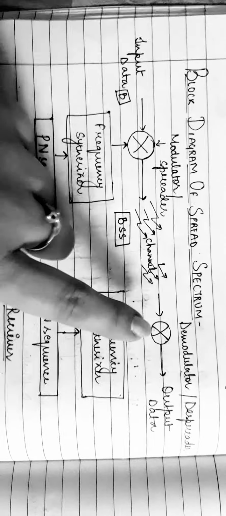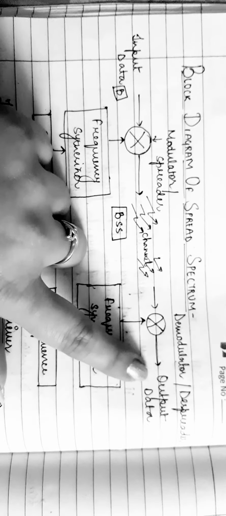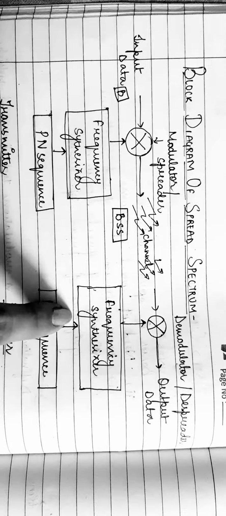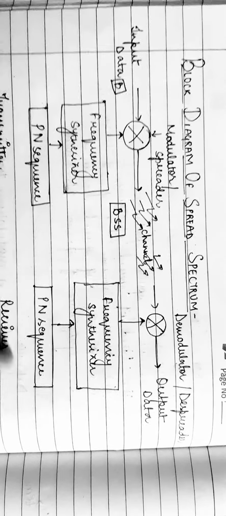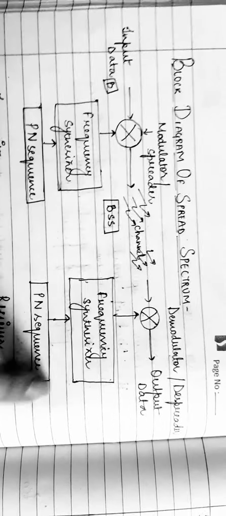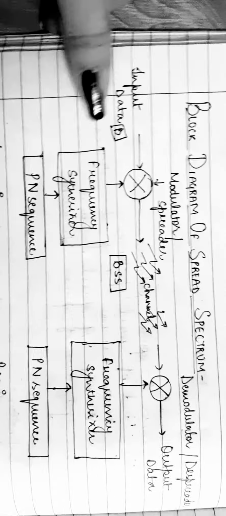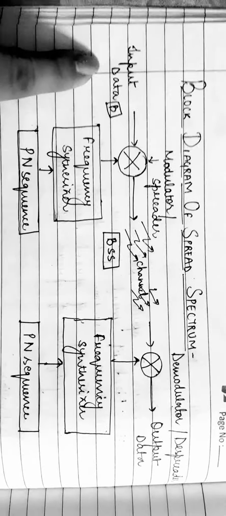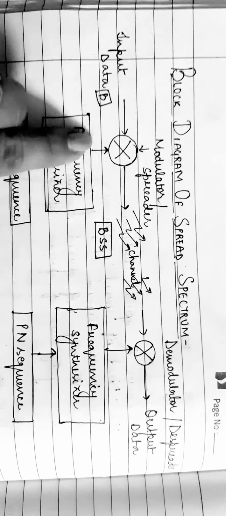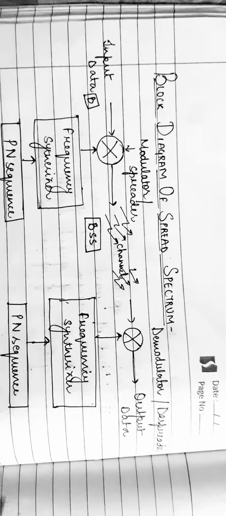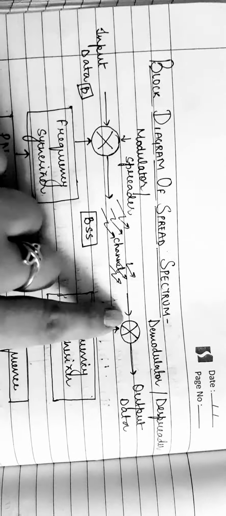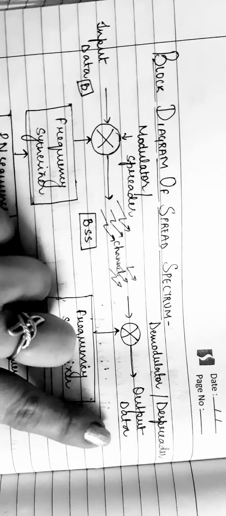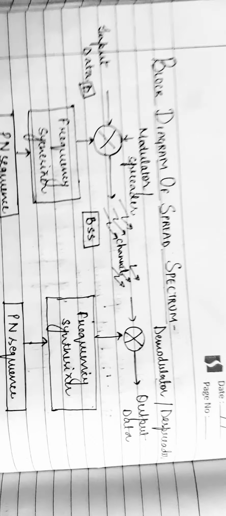At the receiver side we have a demodulator or despreader connected with a frequency synthesizer, and the frequency synthesizer is connected with the PN sequence. If I have an input bandwidth B, after spreading your bandwidth will become BSS, and then it is passed through a channel. At the receiver end, it will demodulate the data and give the output data. So this is basically the block diagram of spread spectrum.